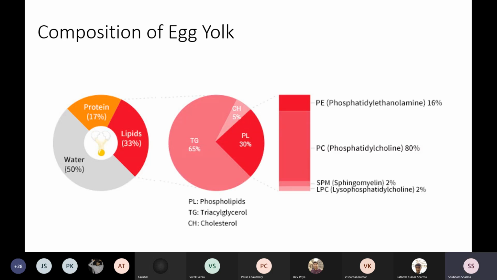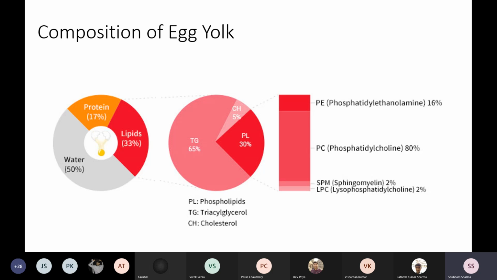Now let's look at the lipid portion of the egg yolk. I think everybody knows about lipids, but let's brush up on what a lipid is. Lipids are basically a chemically diverse group of organic compounds which are insoluble or very poorly soluble in water, but they are easily or readily soluble in non-polar solvents.